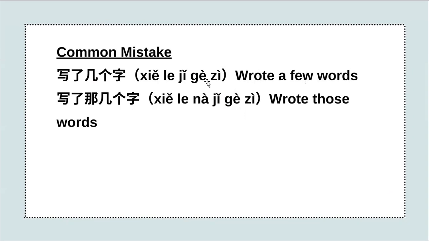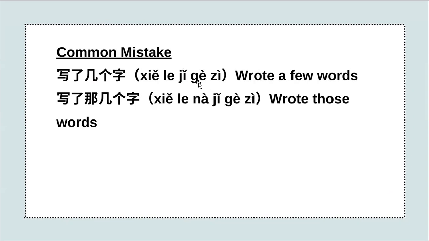So 几 is several, some. 个 is the measure word and 字 means character. So 几个字 means several characters, and 个 is the measure word for the character.